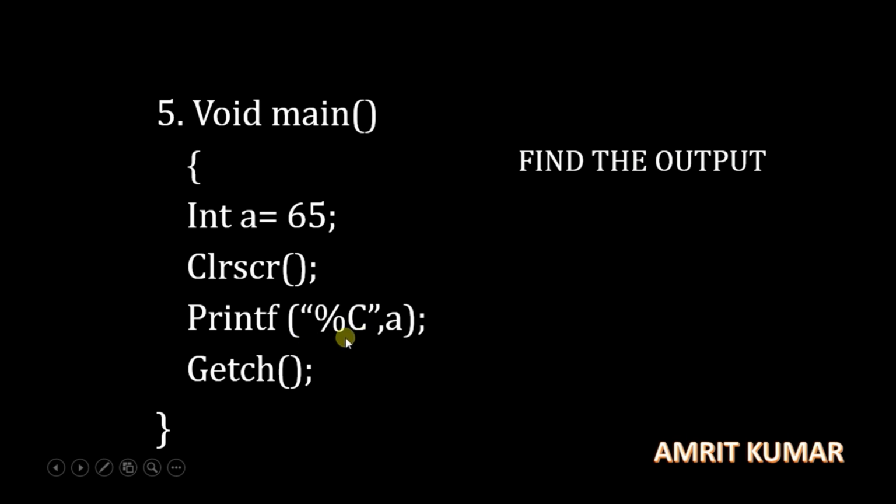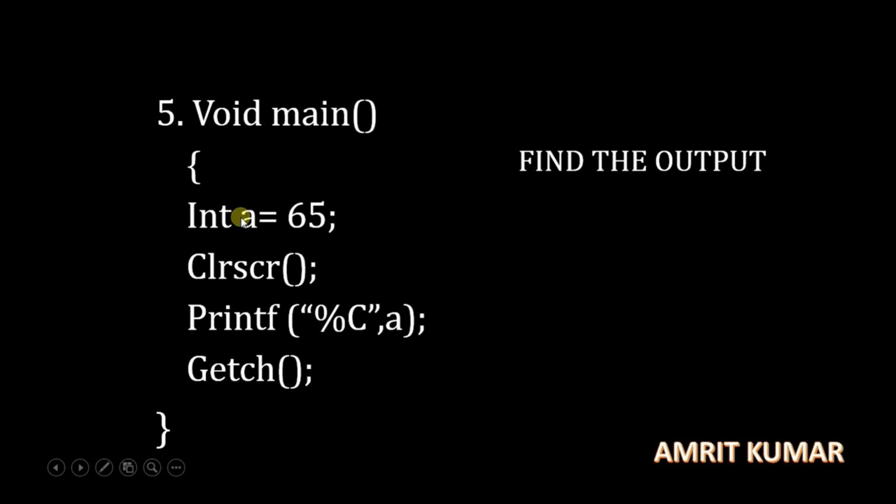%c is a format specifier, and we have studied about format specifiers, which replace the value of a here. It should be within the double quotes. And finally %c is used for character.